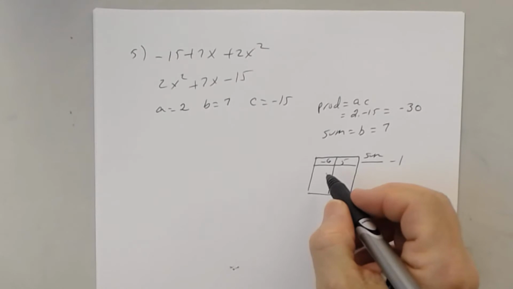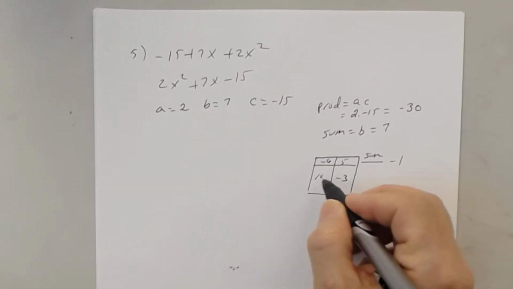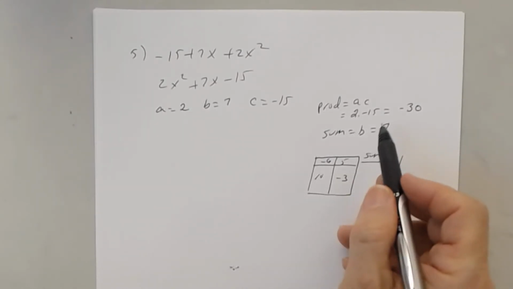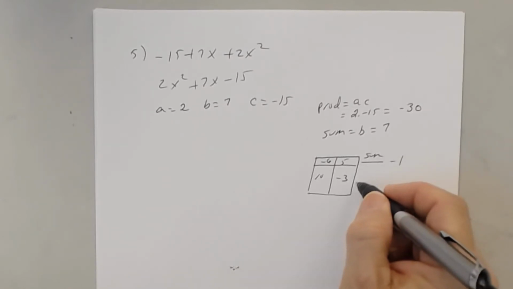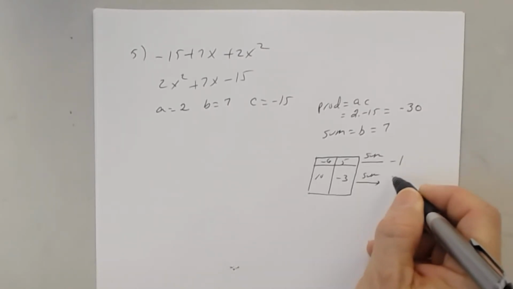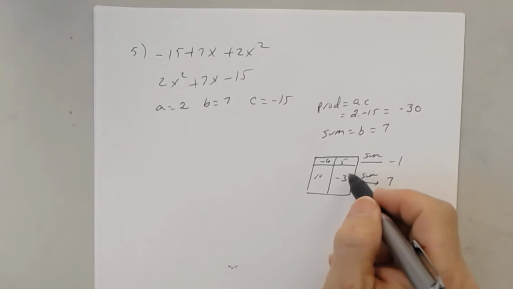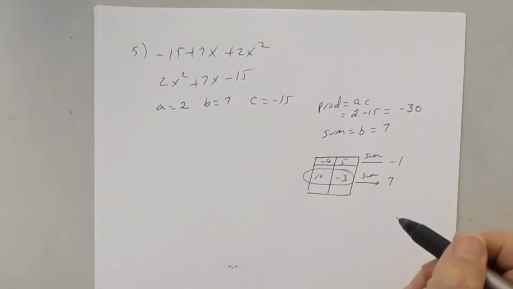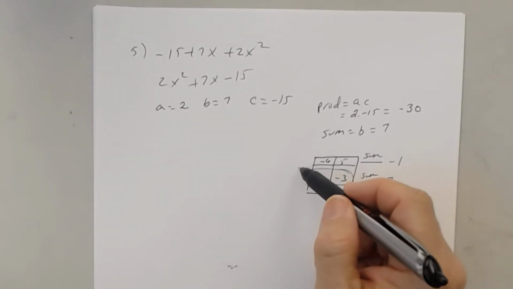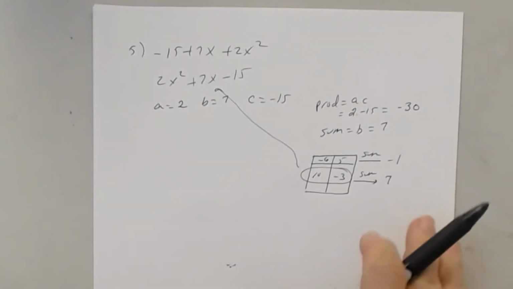10 and negative 3? Let's try it. 10 times negative 3 is a negative 30. 10 plus a negative 3 is a what? Positive 7. So that's the one that works. So then you're going to rewrite that 7x using those two numbers.